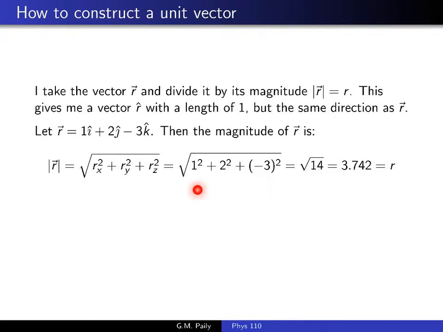So we get 1 plus 4 plus 9, which is a total of 14, and the square root of 14 is the magnitude of the r vector. Remember that the magnitude of a vector can also be denoted by writing the letter for the vector, but without the arrow.